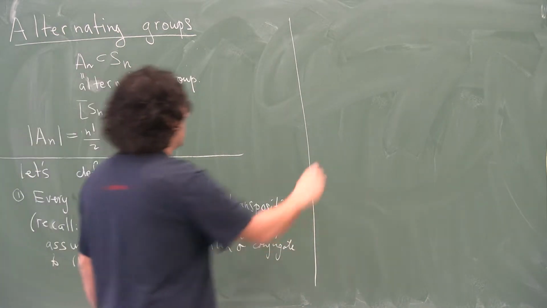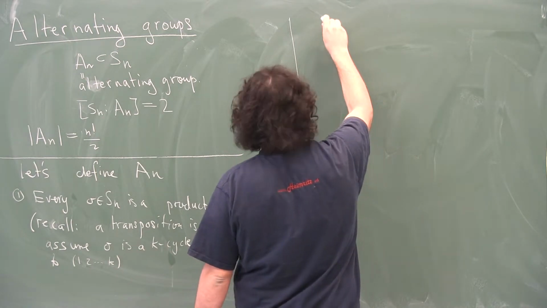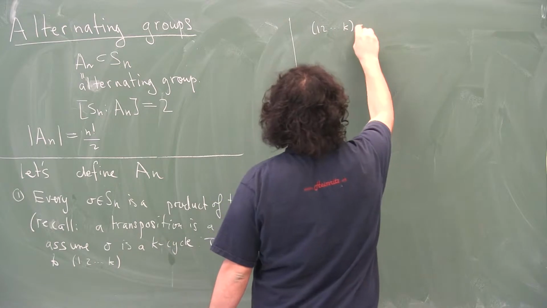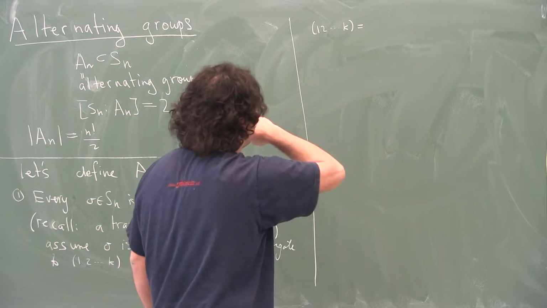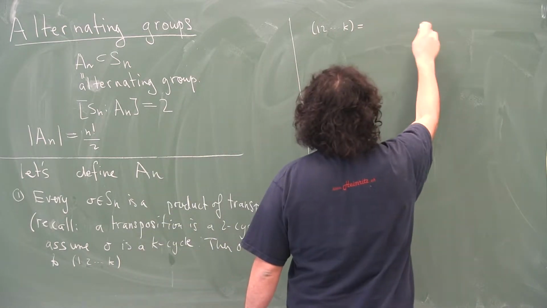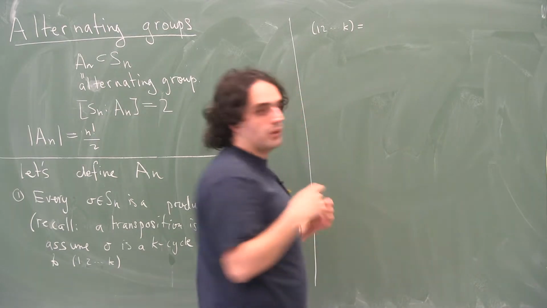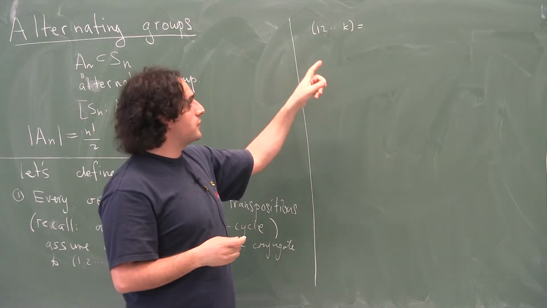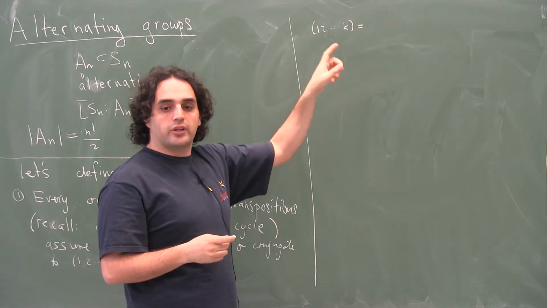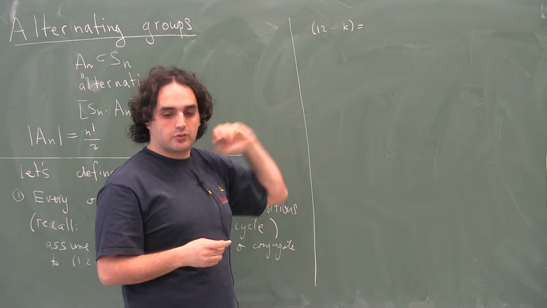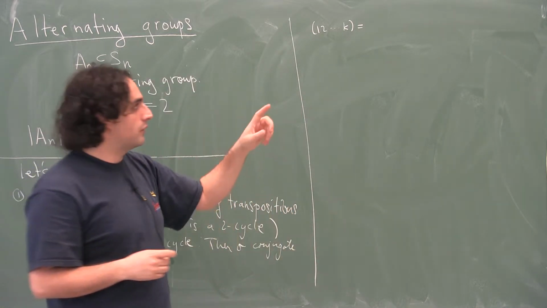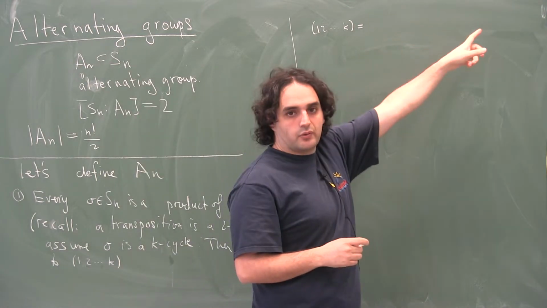Now for this k-cycle (1, 2, up to k), I can write it explicitly as a product of transpositions. There's a natural thing to try, which is the transpositions (1 2), (2 3), and so on up to (k-1 k). And I tend to have a hard time remembering if we should put (1 2) at the right or at the left.